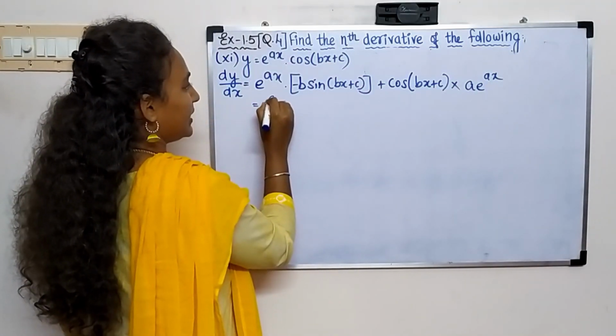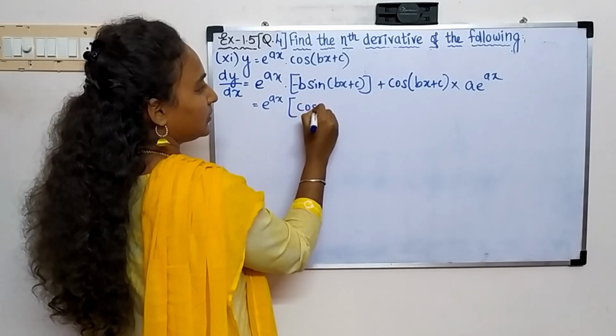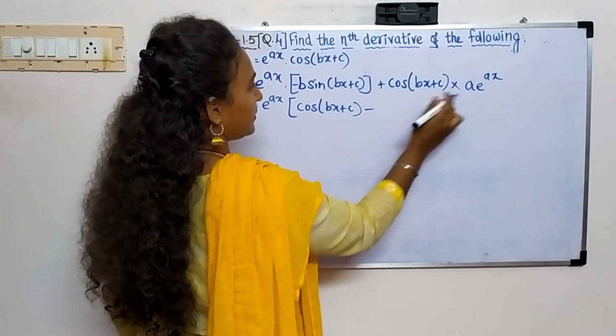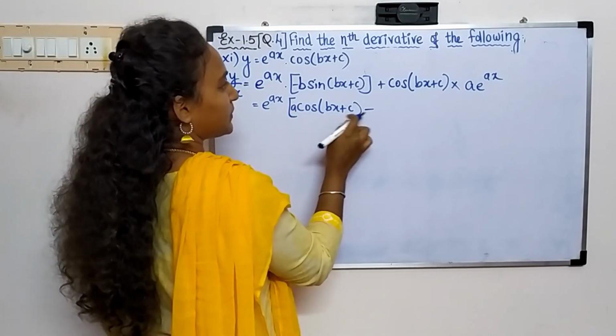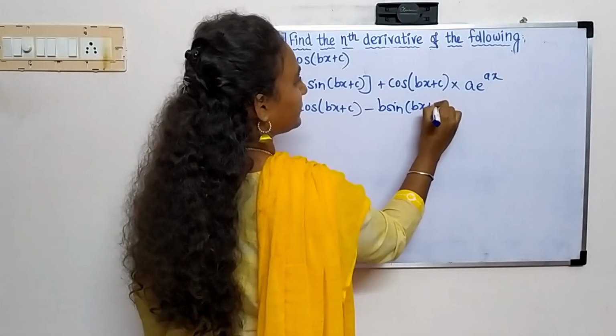Now take e raised to ax common. So this will become cos bx plus c minus a cos bx plus c minus b sin bx plus c.